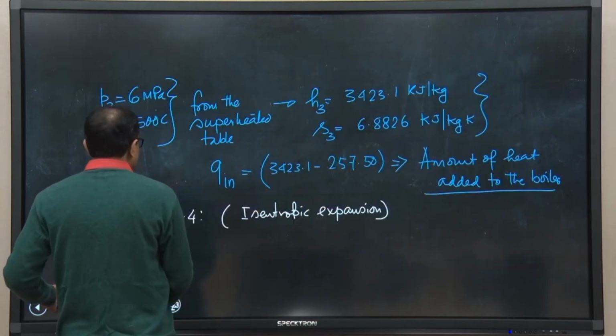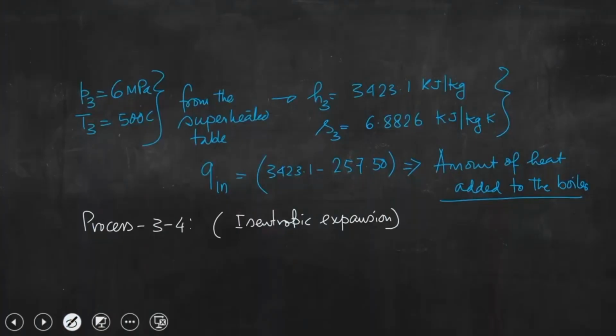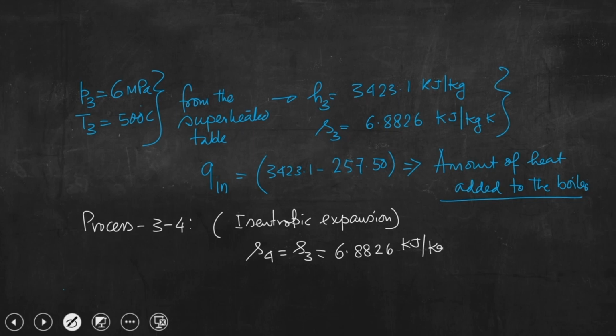So, you can understand that S4 equal to S3 equal to 6.8826 kilojoule per kg Kelvin, and P4 equal to 20 kilopascal. These two properties are good enough to find out the enthalpy at state point 4. How?